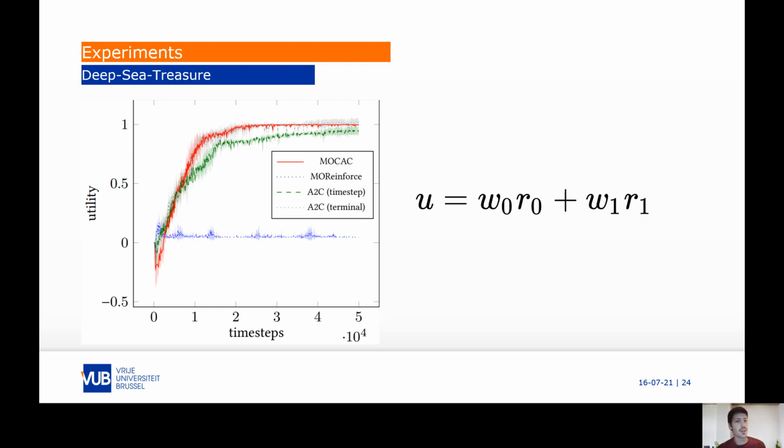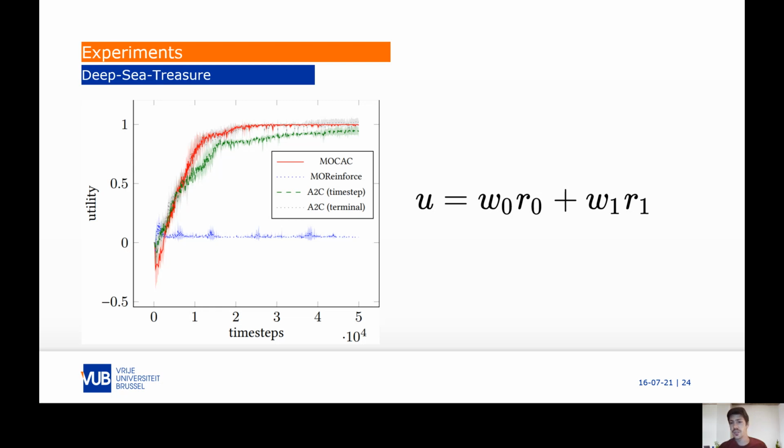Our algorithm, on the other hand, in red, receives rewards at every time step and is able to make good use of these rewards. So we see that even though we have a linear utility function, our algorithm is able to learn the optimal policy, while the REINFORCE baseline in this case is not able to learn it.